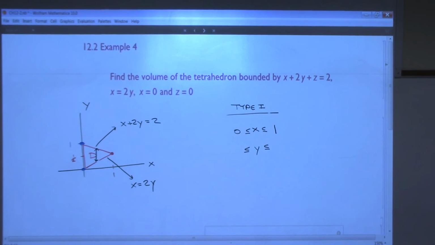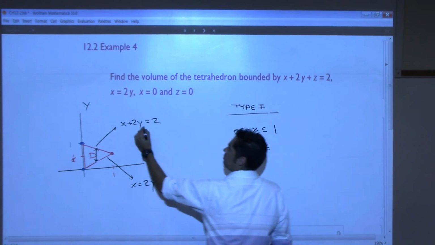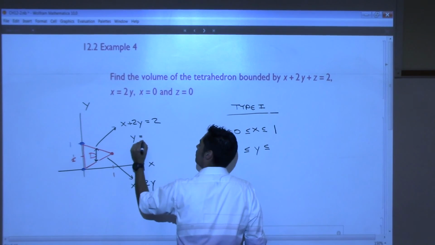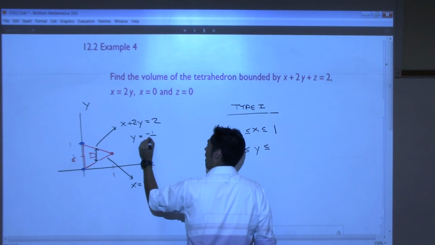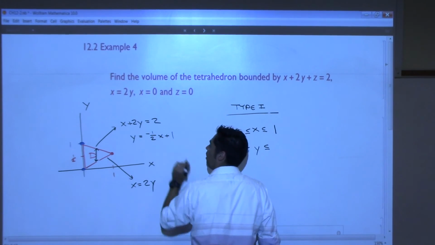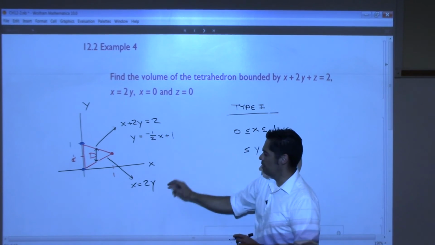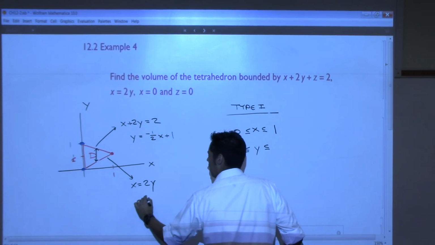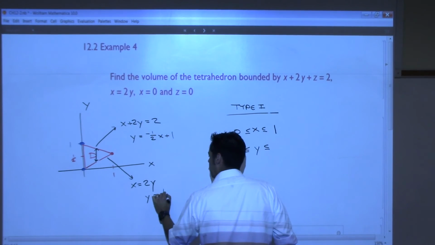Now this is a type 1 region, so I want to solve both of those equations for y. So this should be y is equal to -1/2 x plus 1. Solve this for y: y is equal to 1/2 x.